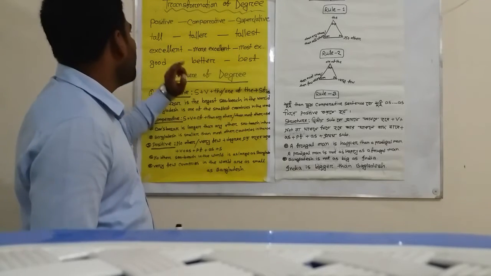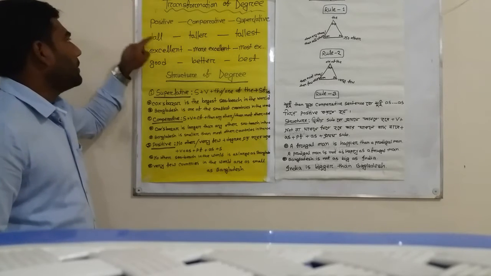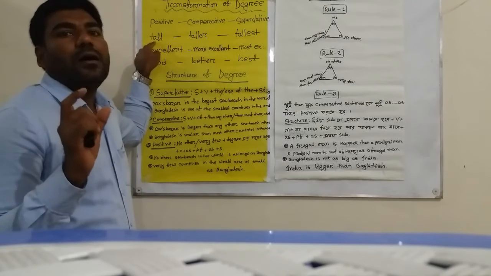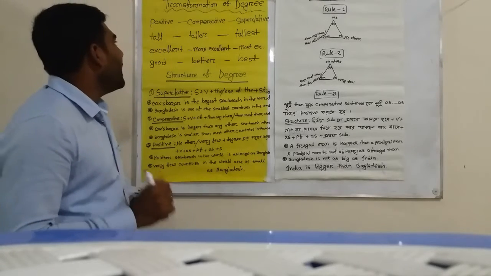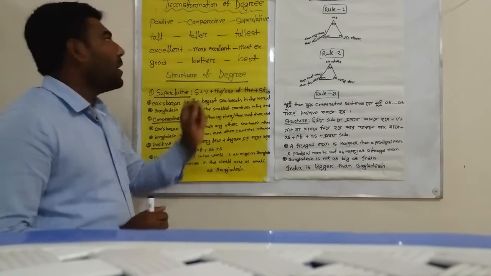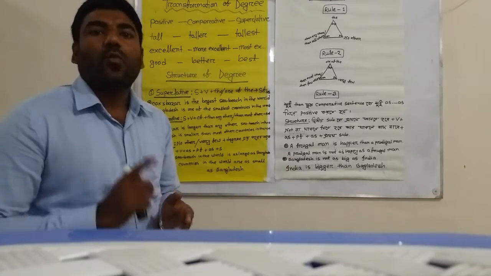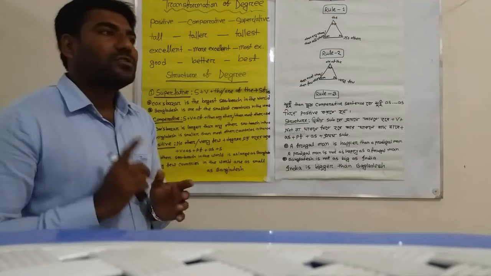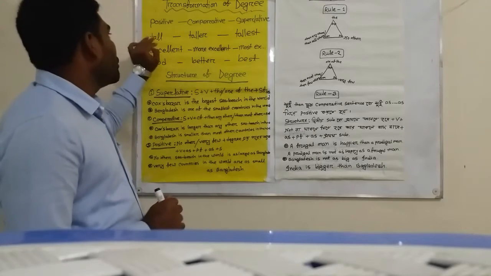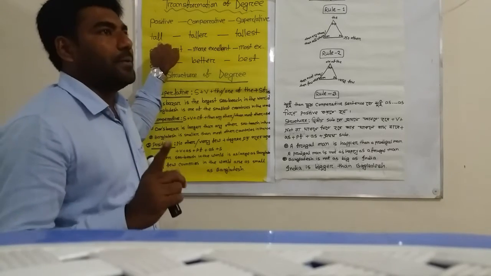Okay, look at the board. At first, positive. That means tall. This is the base form. This is an adjective. If you want to make it comparative, we have to see the word. If the word is pronounced in one syllable, that means called monosyllable, if you want to say in Bengali, যদি শব্দটা একবারে উচ্চারিত হয়, কয়বার উচ্চারিত হয়? একবারে.